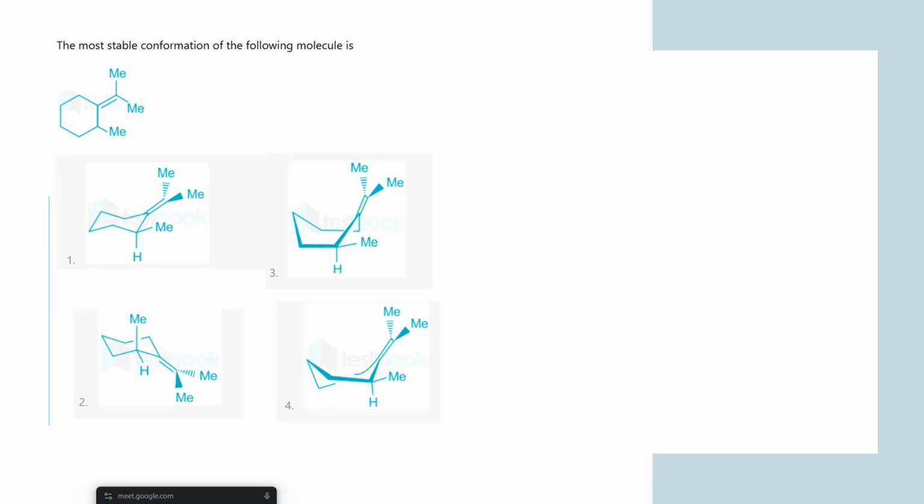We have to place these 2 ring substituents, one of which is exomethylene and the other a methyl group, in such a way that the structure has the least steric congestion.